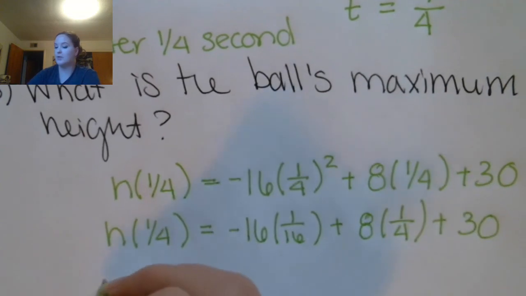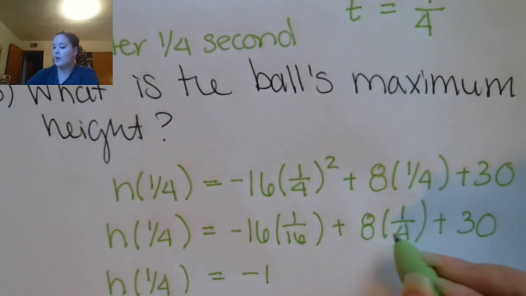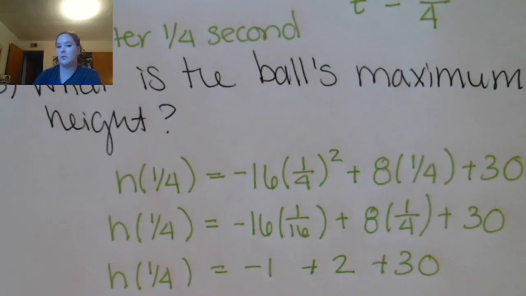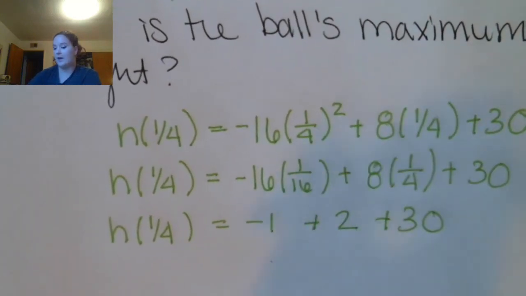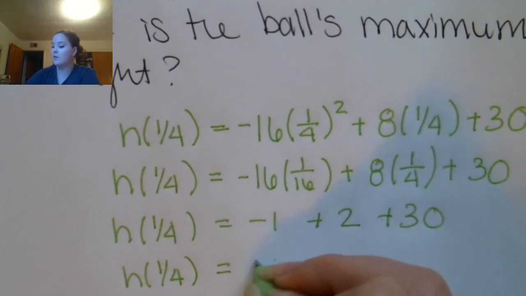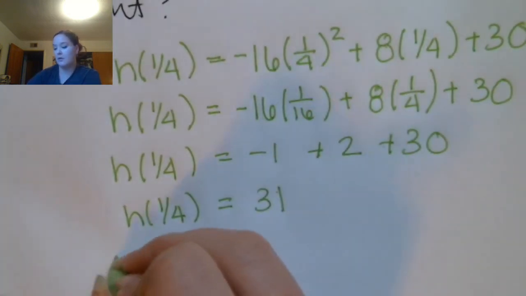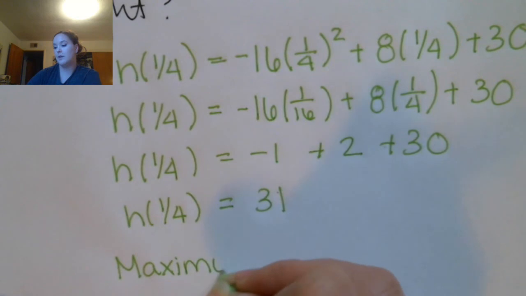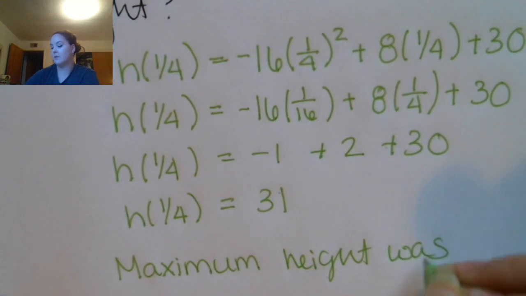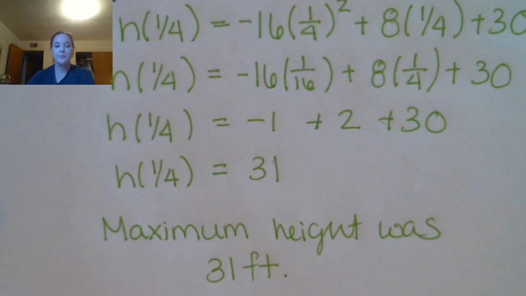Negative 16 times 1/16 is -1, and 1/4 of 8 is 2. So the height is 31. What was the ball's maximum height? The maximum height was 31 feet.